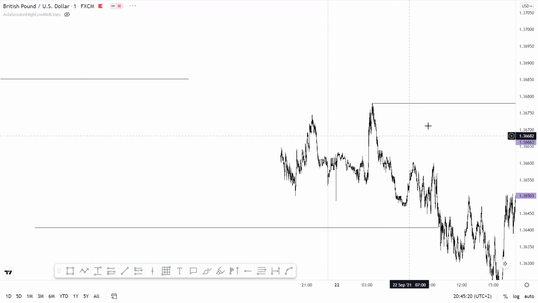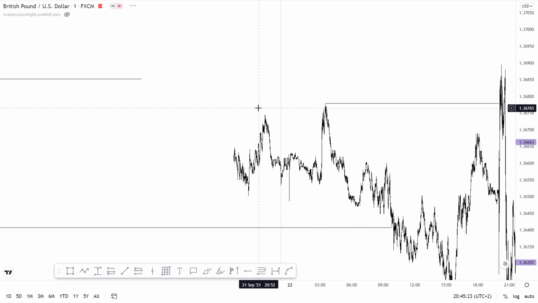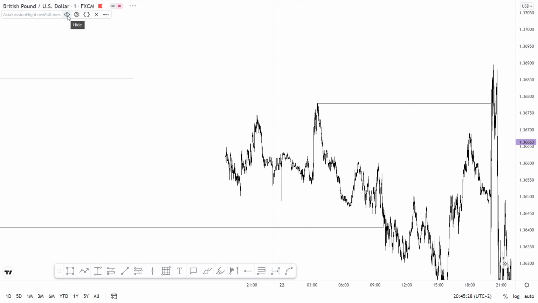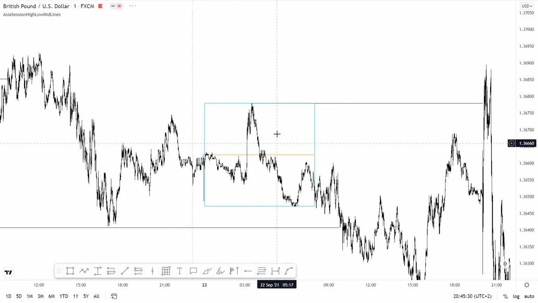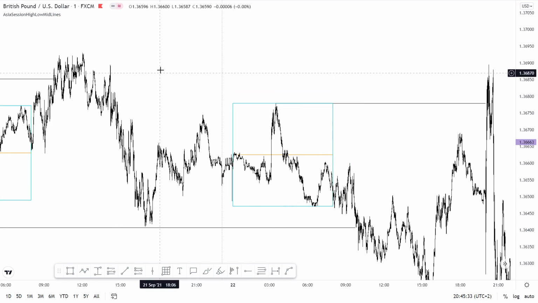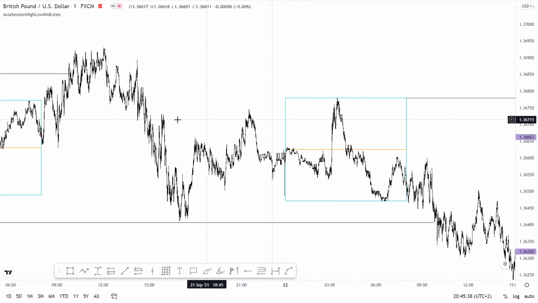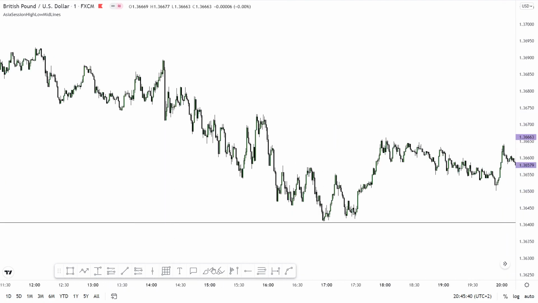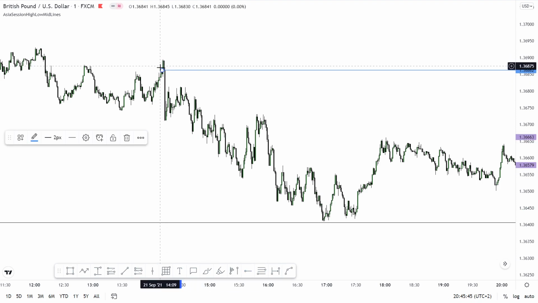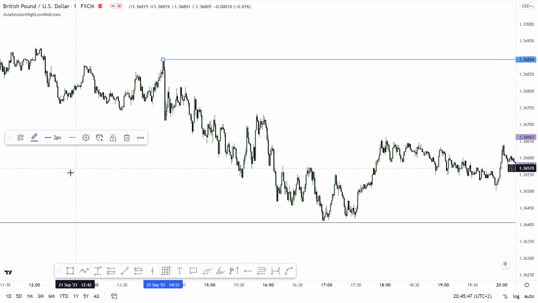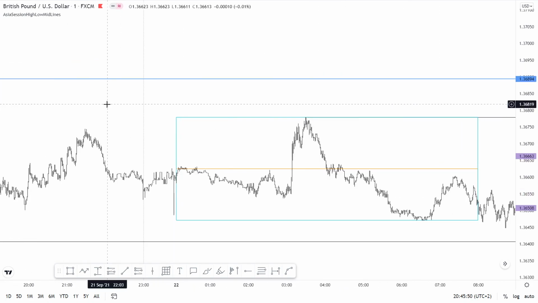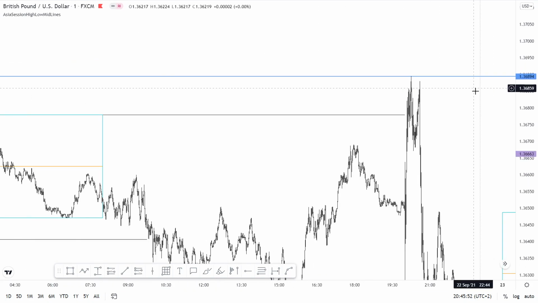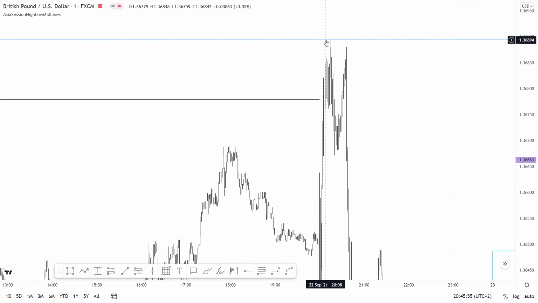Or it was this day's high, and let's see, it has to be the Asia high. Yeah, it was the Asia high. We traded into the zone. We almost took it out though. I think we did take this zone out as well. We just tapped it a little bit. Yeah, we did take it out.